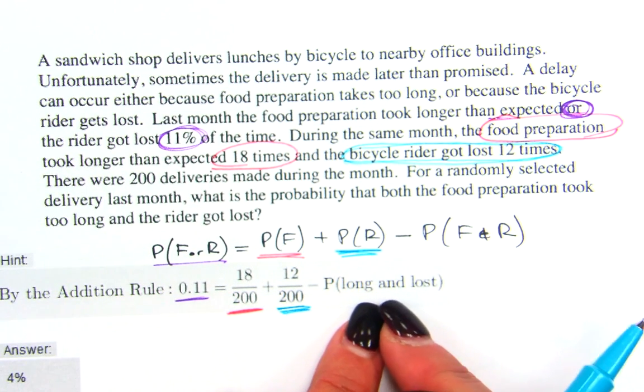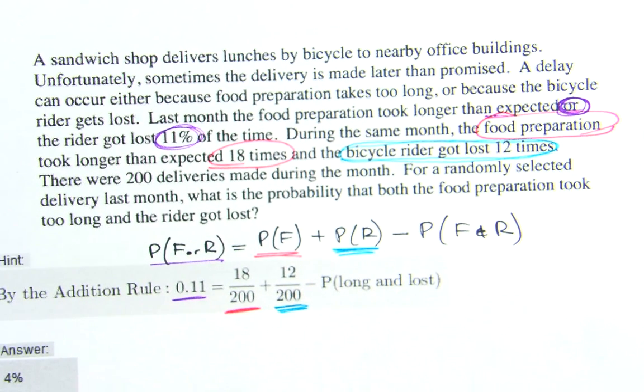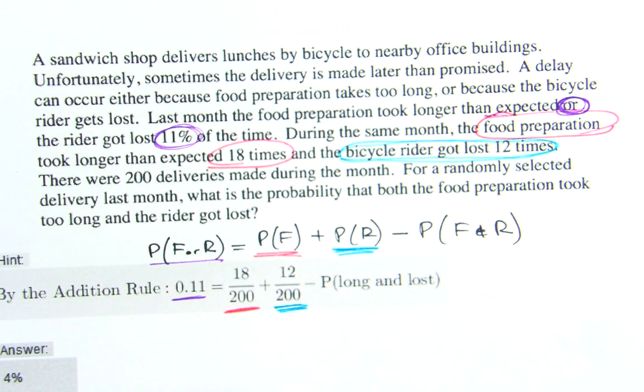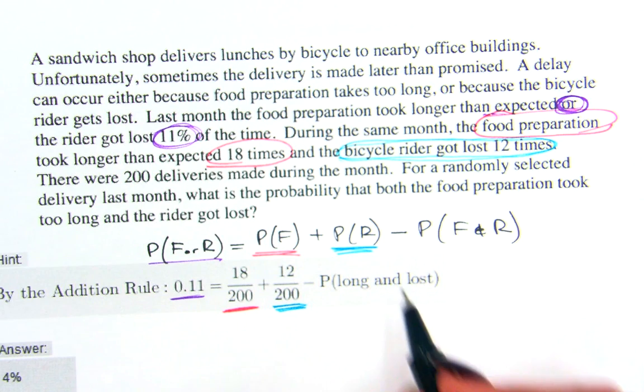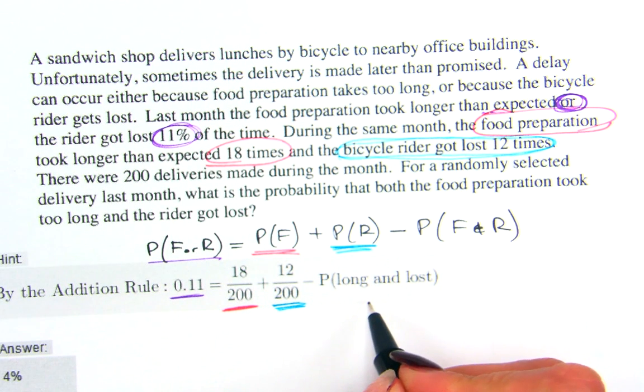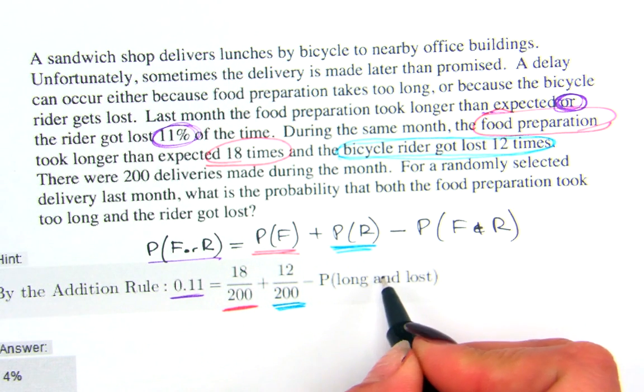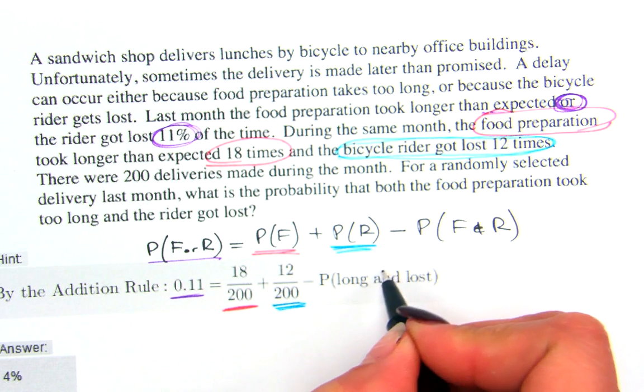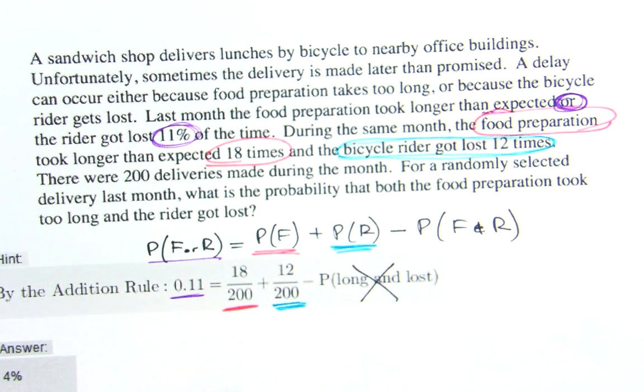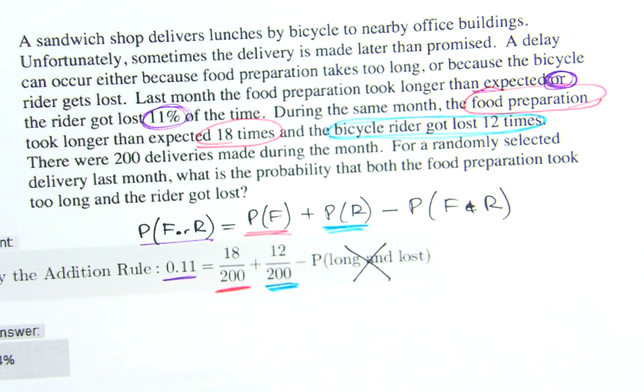How much of the actual time was it that the food took too long and the guy got lost? That's what we're actually trying to find. So I'm going to put a giant X right here, not because I'm crossing it out, but because this is what I'm trying to find. So I'm going to do an X.